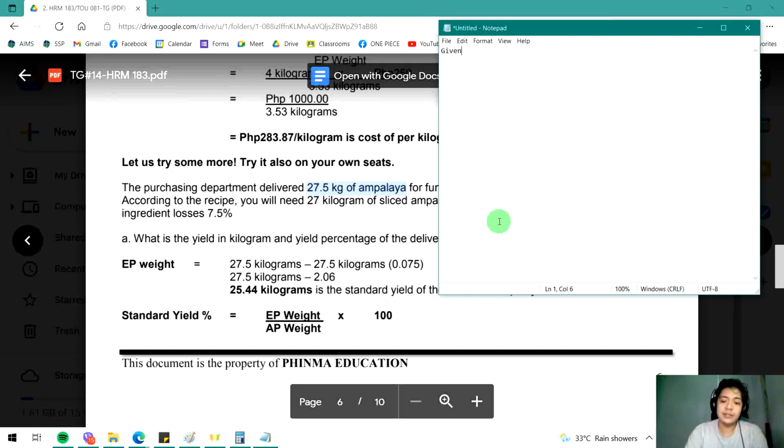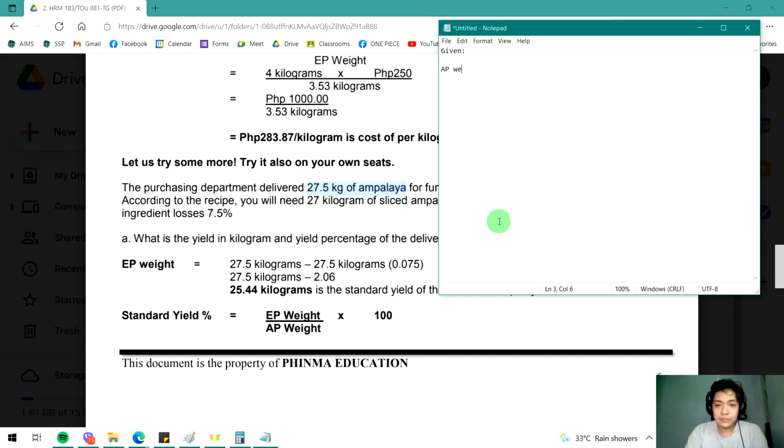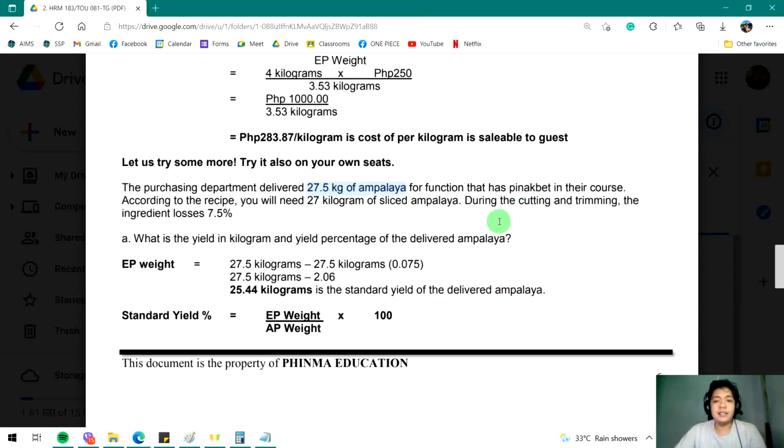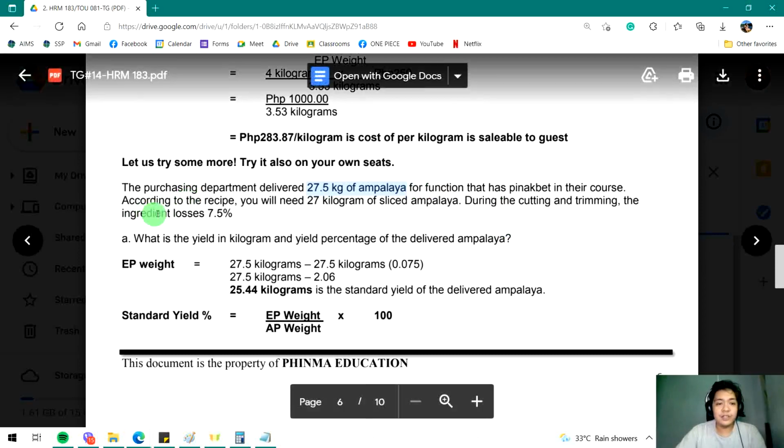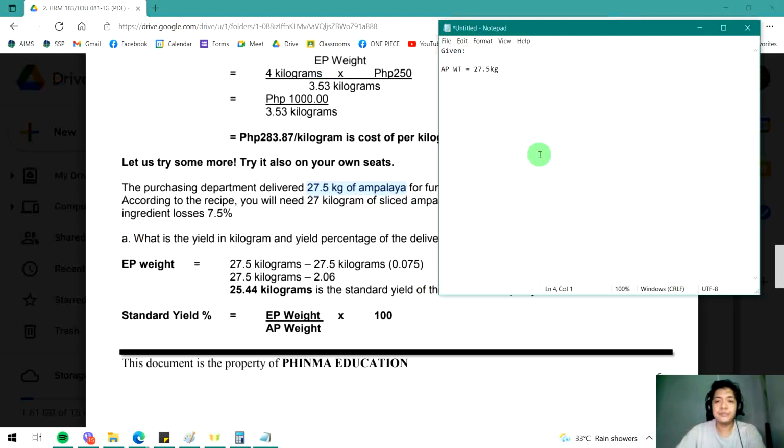Sige, sulat natin dito. AP weight, yan lang. AP weight is 27.5 kilograms of ampalaya. And then the next is, according to the recipe, you will need 27 kilograms of sliced ampalaya.